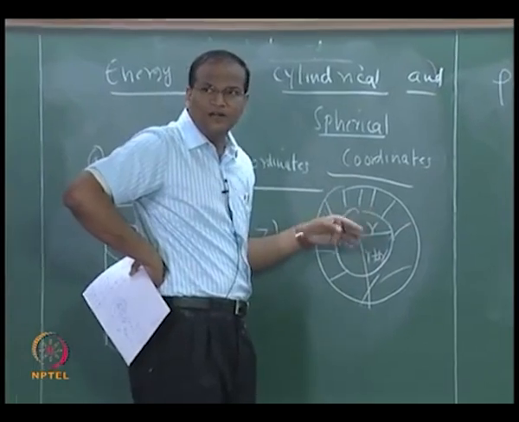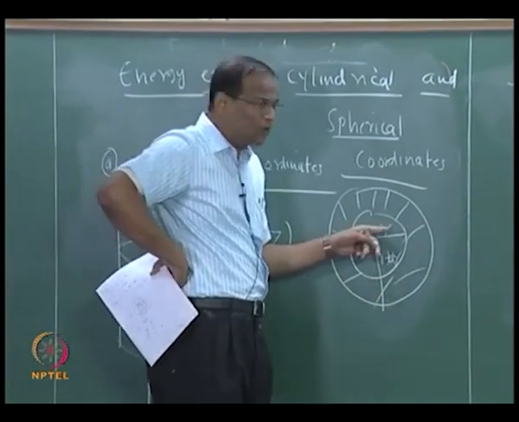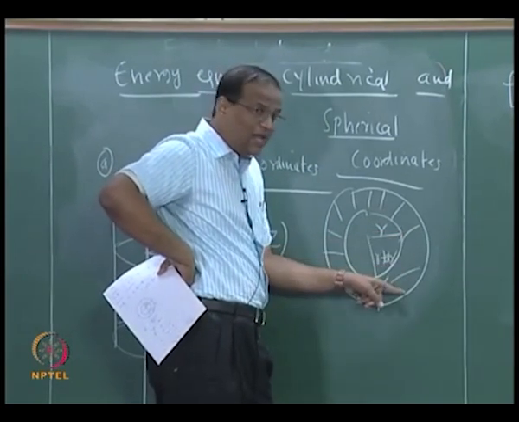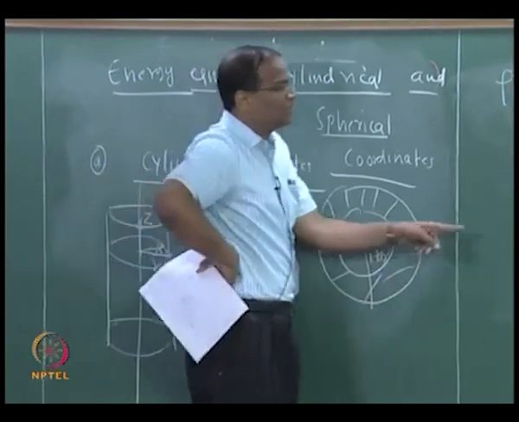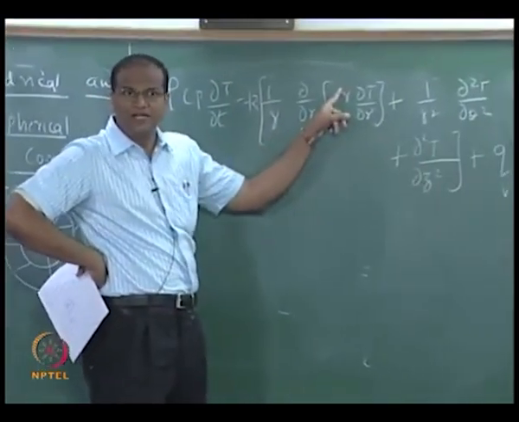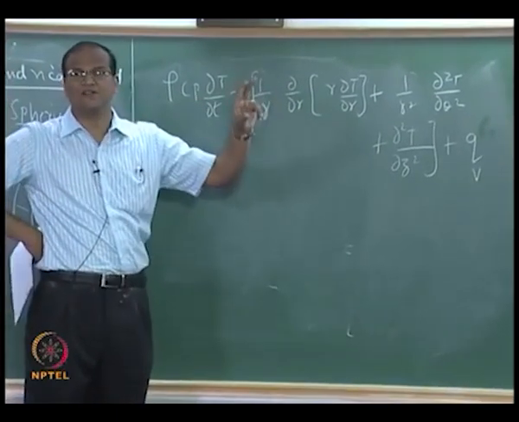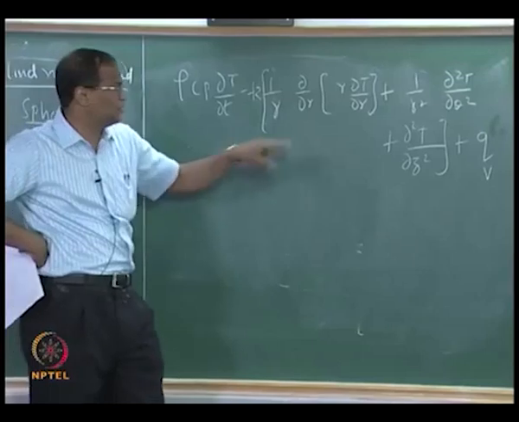Here you can't put that, you have to put minus capital Q r, because capital Q r is small q r into 2 pi r dr, 2 pi r plus dr. So that is why the dou by dou r of r dT by dr is coming, the area continuously changes. It is not a constant heat flux across the radius; there may be constant heat transfer rate, but heat flux is not constant.